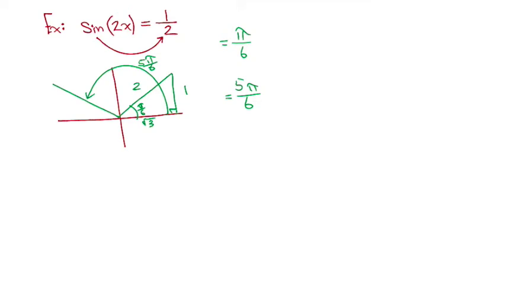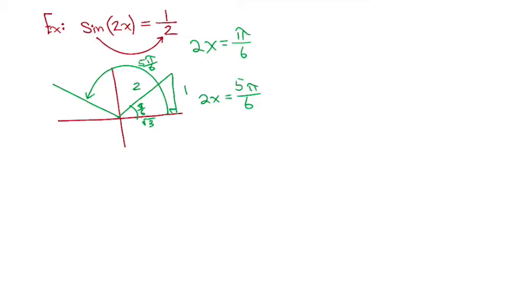Yeah, there's a 2 in front of the x. So what I have found is the angle 2x is equal to pi over 6, and the angle 2x is equal to 5 pi over 6. That's great, except for a couple problems, but I can't do anything yet.